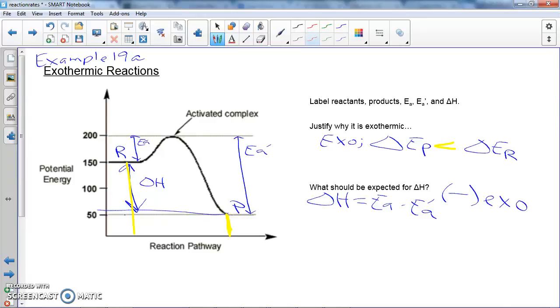At 150, so 150 to 200 is 50. Minus, what's E sub A prime? It doesn't start at 0, it starts at 50 and goes up to 200, so that's 150. Generally these are in kilojoules. So we get negative 150 kilojoules.